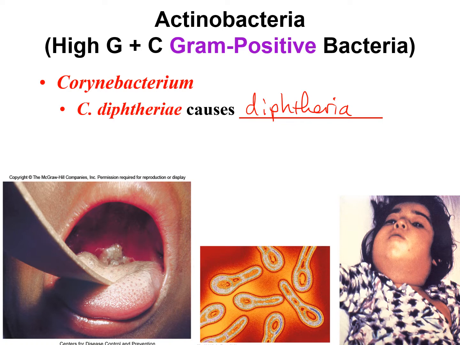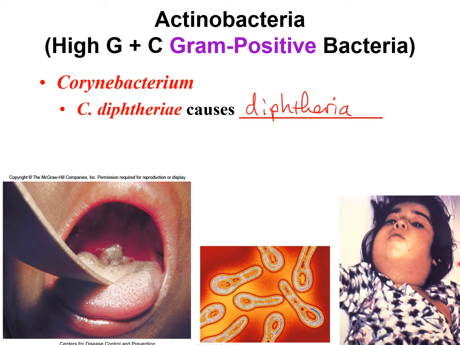And that dead leather-like mass of cells in the back of your throat can block your airway and make it difficult to breathe. And then the other thing that makes it hard to breathe is if you look on the far right, your lymph nodes in your neck get very swollen. And so that also will make it hard to breathe as well.